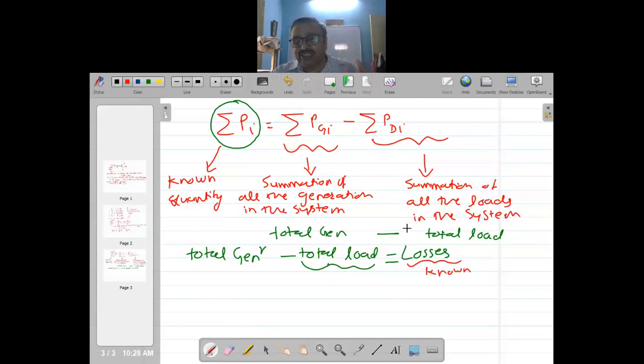But this is equal to losses. So sigma PI is known, that is equal to all the losses. So we know all the losses. How do we calculate the losses?